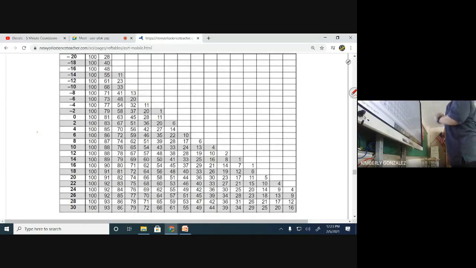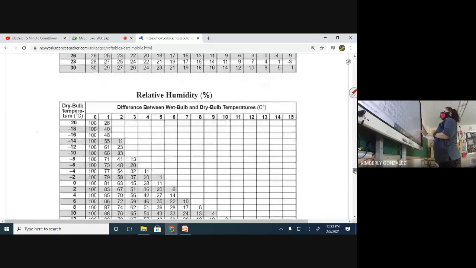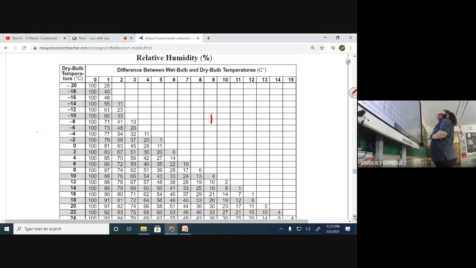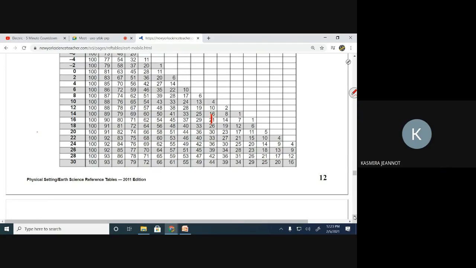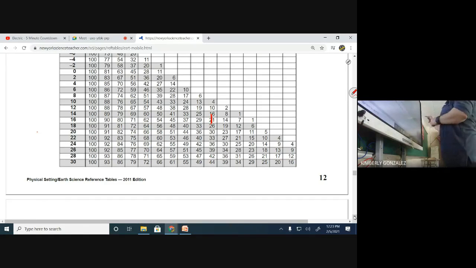We know that the depression, which is up here, is going to be 9. I'm going to keep scrolling down until I get to the relative humidity, which is 39.